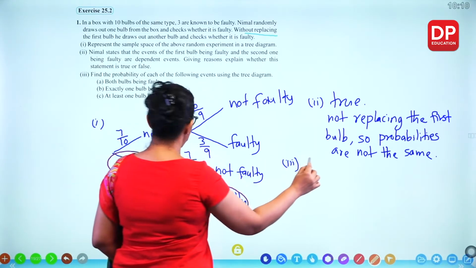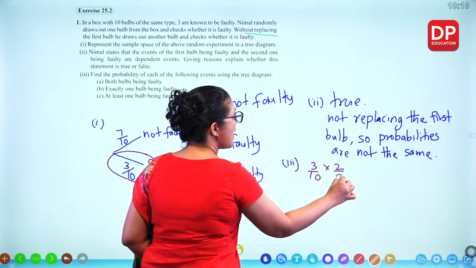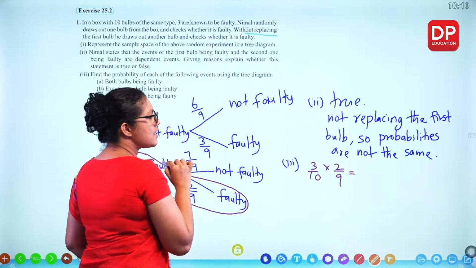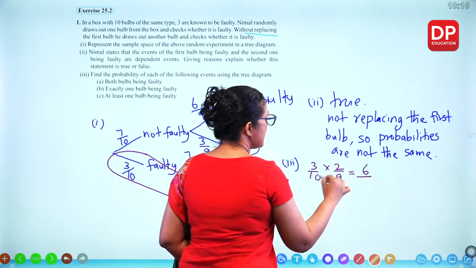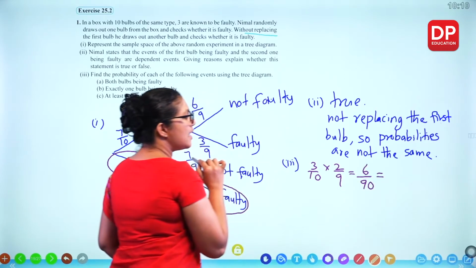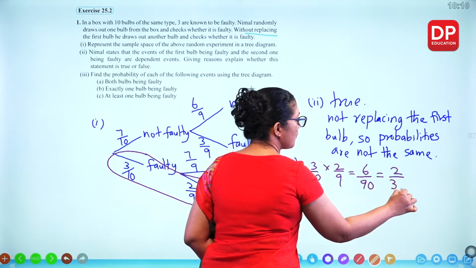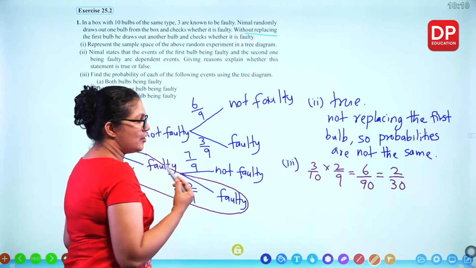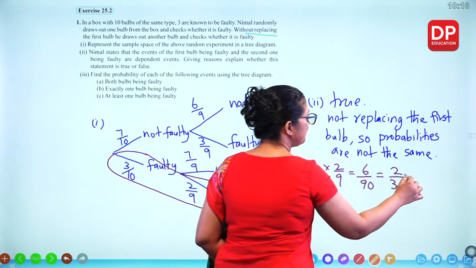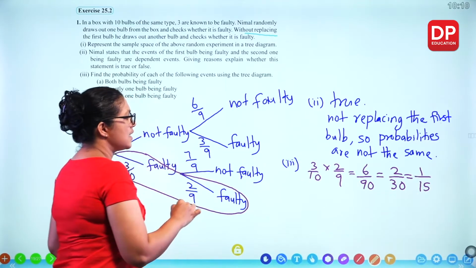So this branch, 3 over 10 times 2 over 9. 3 times 2, 6. 10 times 9, 90. Divide by 3, you get 2 over 30. And you can divide by 2 again, 1 over 15.